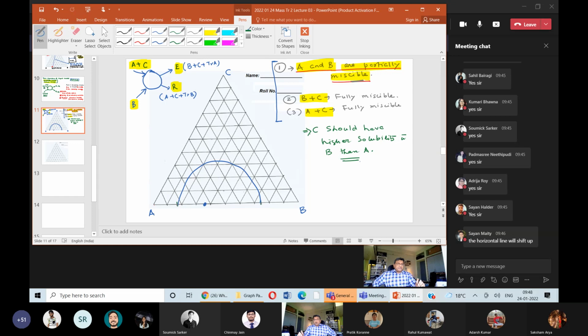Yes or no? Ideally, you should choose a solvent B in such a way that C has higher solubility in B as compared to A, though C is fully soluble in A. See if you are able to follow my words.